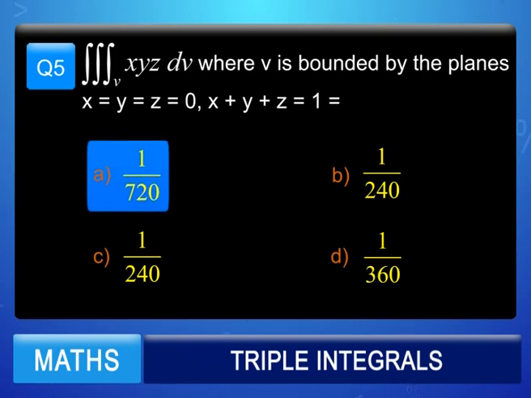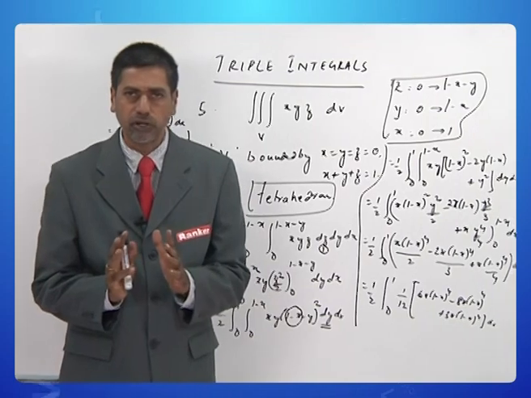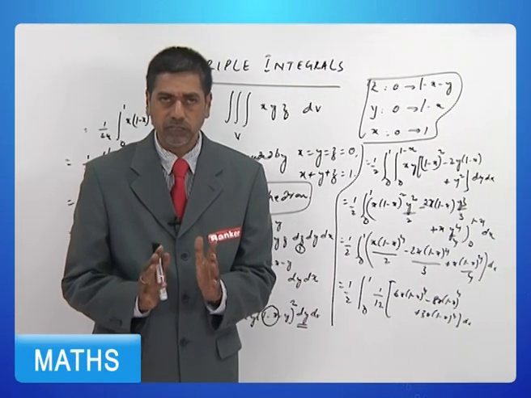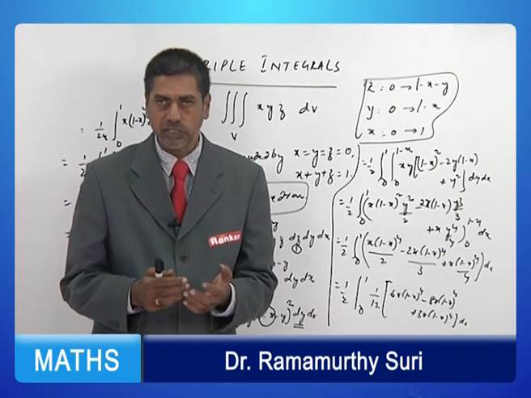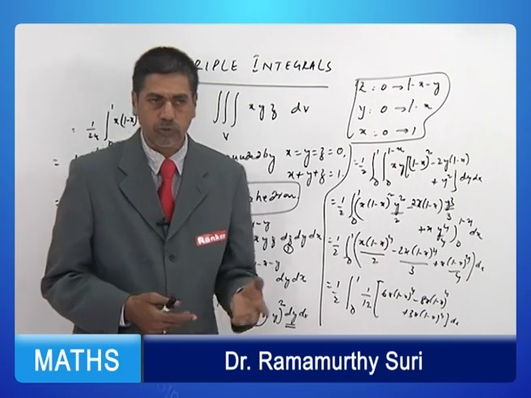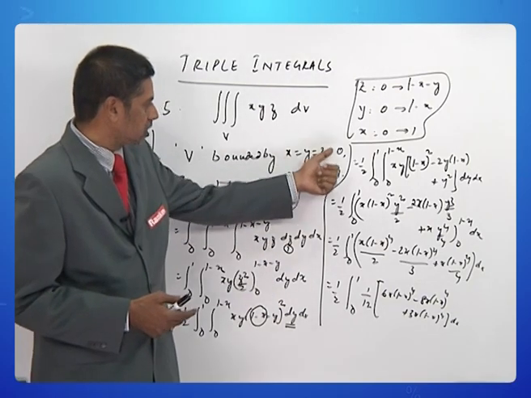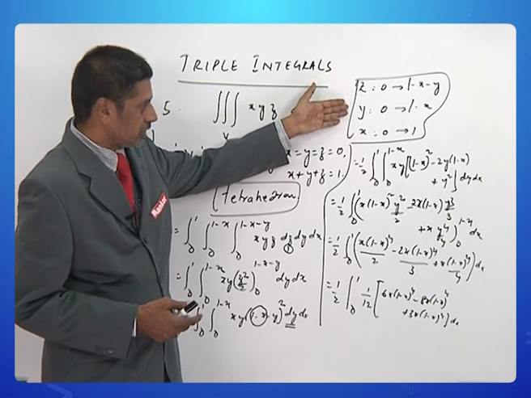So what did we understand from this example? Basically what we have understood is, if you are given the region bounded by some planes, then you must first see which is the easiest way to fix the limits of integration. Fortunately in this problem, all the equations represent planes, so it was easy to fix the limits of integration.